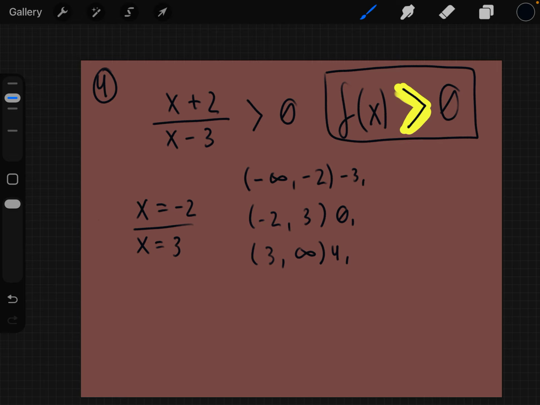Okay, -3 plus 2 is -1. -3 and -3 is -6. Positive. 0 plus 2 is 2, over -3 is negative. 4 plus 2 is 6. 4 minus 3 is 1.